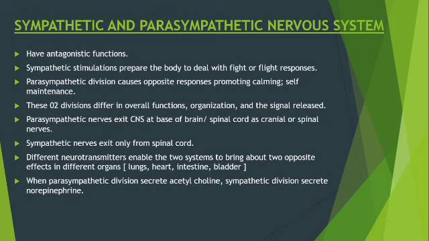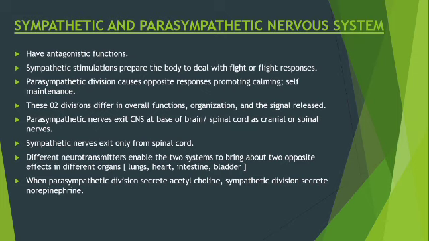The majority of the body organs are supplied by both sympathetic and parasympathetic nerves, which have antagonistic or opposite functions. Sympathetic stimulation prepares the body to deal with exciting or stressful situations and energy generating situations such as fight or flight, and the parasympathetic division causes opposite responses that promote calming or self-maintenance functions such as rest and digest.